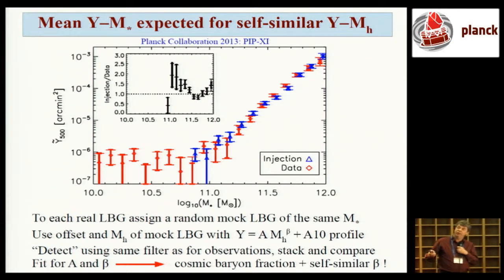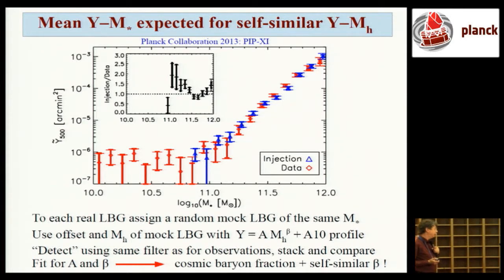So the observational data here are the same as before. And this is now a mock catalog where we've adjusted the relation between the Y signal and the halo mass in order to get a fit. You see we've taken Y to be a power law in the halo mass with a normalization and adjusted the normalization of the power law so that the simulated result lies right on top of the data.